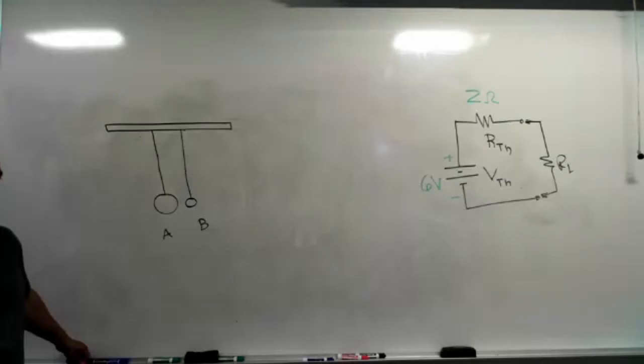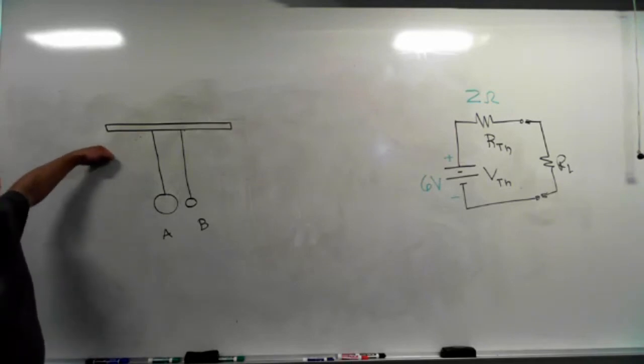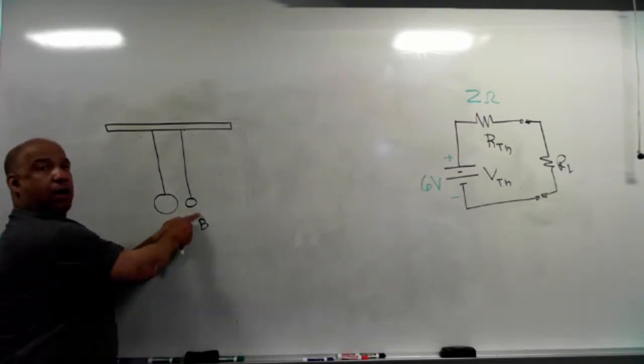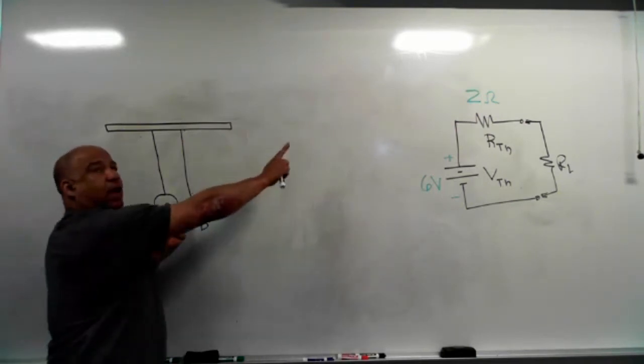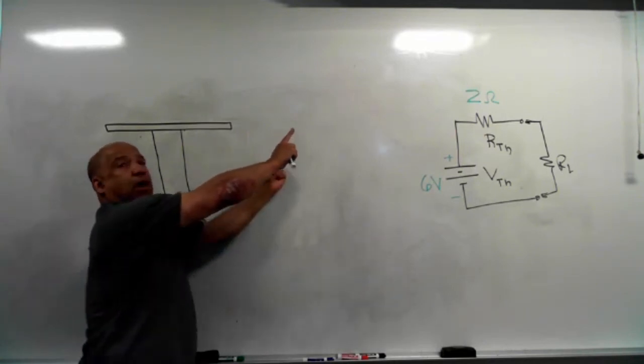If ball A was really, really more massive than B, it would cause it to bounce back and forth multiple times. Okay, so if I pull ball A here, ball A is going to come here. It's going to strike ball B. Ball B is going to start going that way, and ball A is going to keep going.